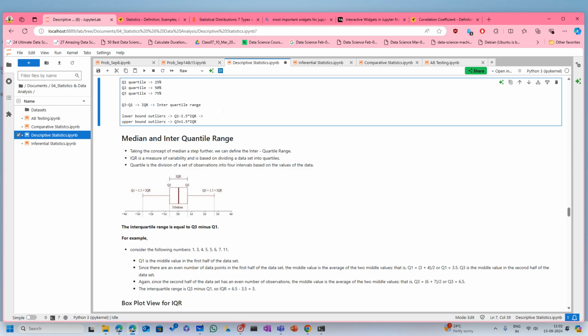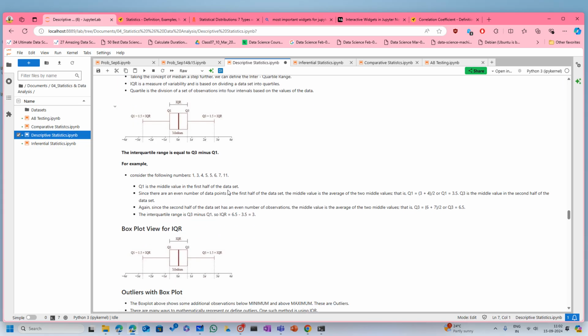Here you will get outliers more than 3 standard deviations. That is what you can see in the graph. Actually it's not exactly that, but anyway, it's fine. Generally this is what the accepted range is.